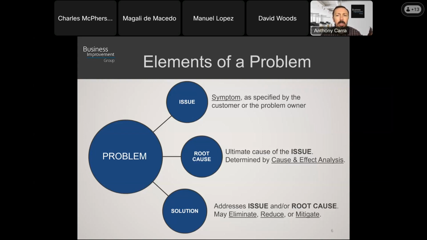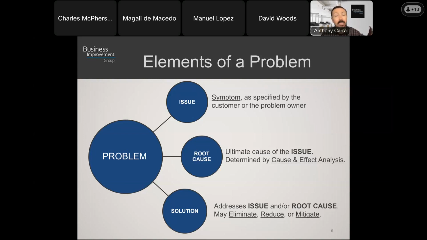However, what we'll see is that when we do implement our solutions, attacking the root cause, sometimes we can't get rid of it completely. So the strategy when we are looking for solutions is either to eliminate, which is ideal.